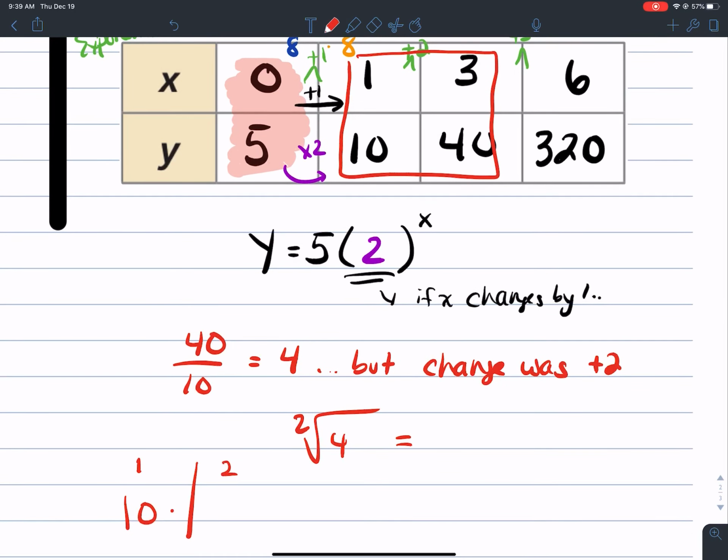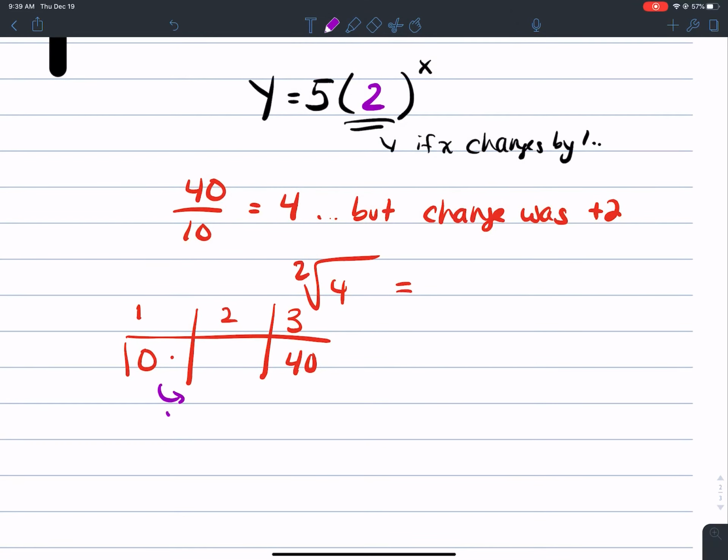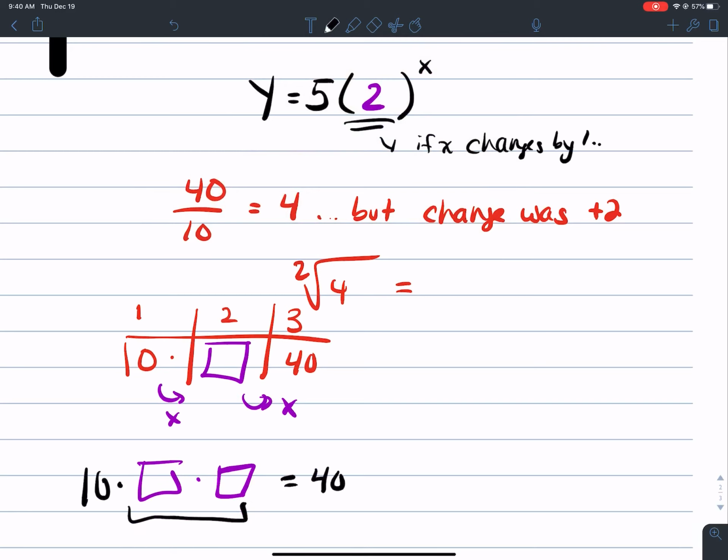I skipped x equals 2, and then I ended up at x equals 3, and I was at 40. So I did 2 stages of multiplication there. I multiplied it to get to this number, and then I multiplied it to get to that number. So I'm asking, what did I multiply twice in a row? So if I started at 10, and I multiplied by something twice in a row, and I ended at 40, well, that must have been 2, right? And the square root of 4 is 2. Oops. So this would have been 20 if I multiplied by 2.